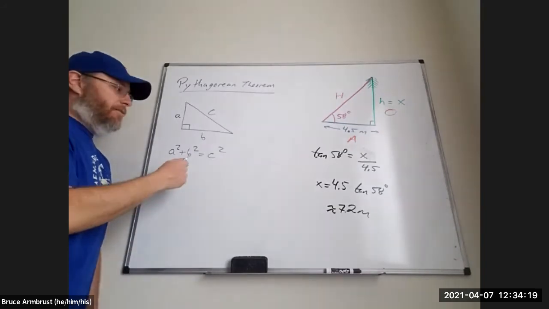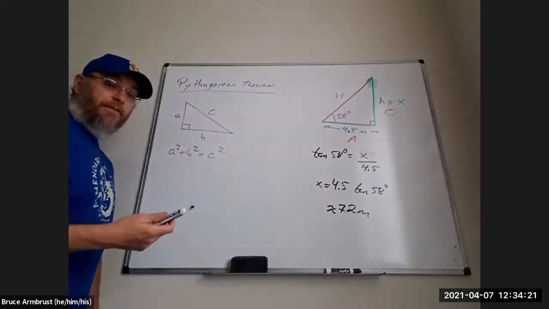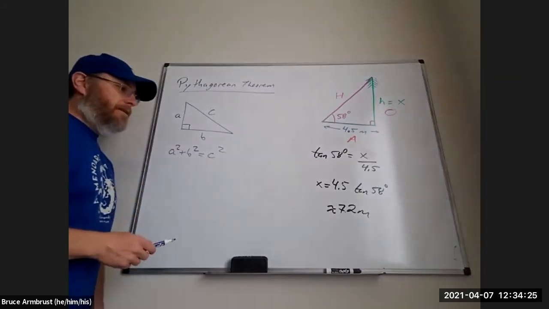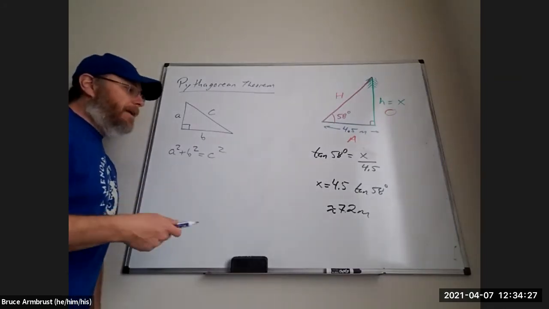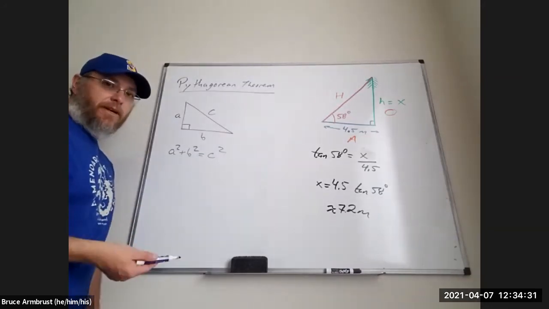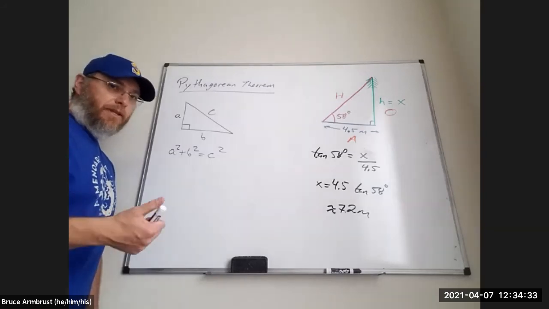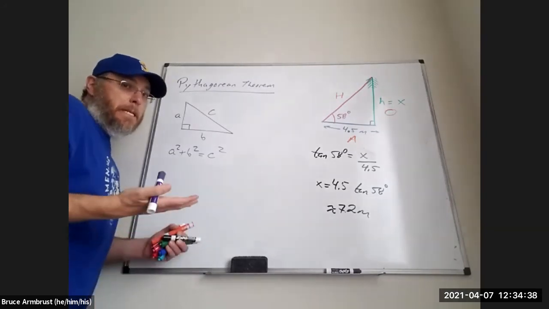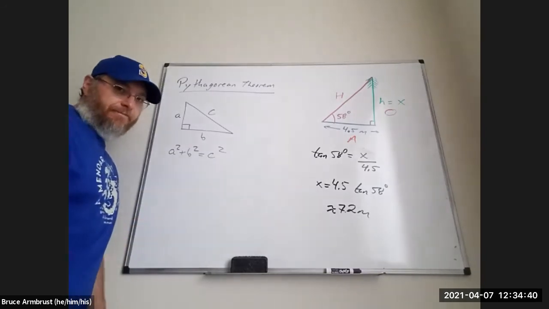So this is another way that you can get lengths. If you know two sides, you can get the third side using the Pythagorean theorem. But if you only know one side and an angle, you use the trig functions. You only ever have to use one of the big three, and which of the big three to use depends on what you're working with.